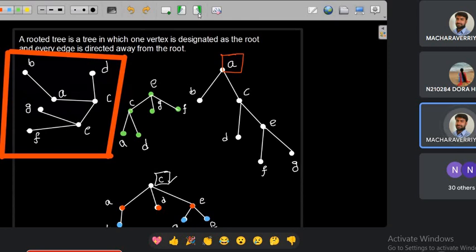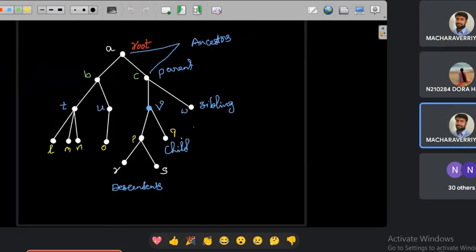Now let us see some terminologies in the graph. You take a rooted tree, and you know this is the root, so no need to mention it again. This graph is rooted at a vertex A. Now I would like to speak about the vertices of the graph in terms of the vertex V. In terms of V, I would like to speak about the other vertices, the relations.